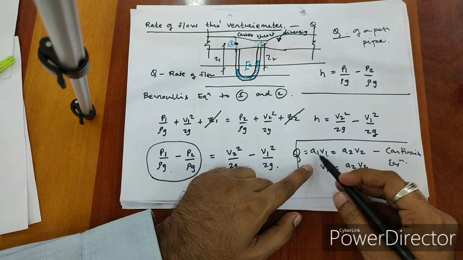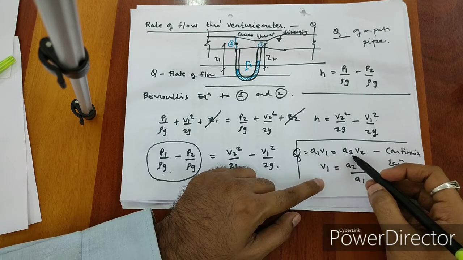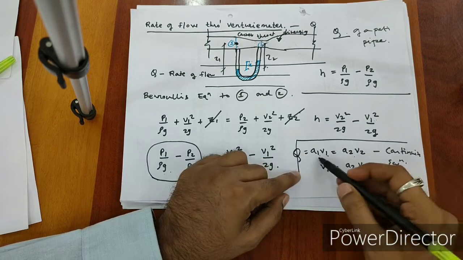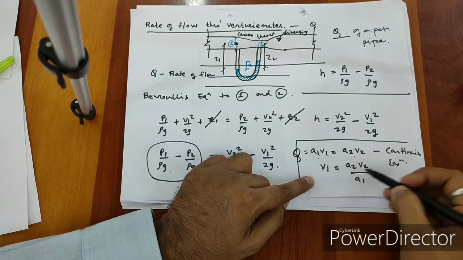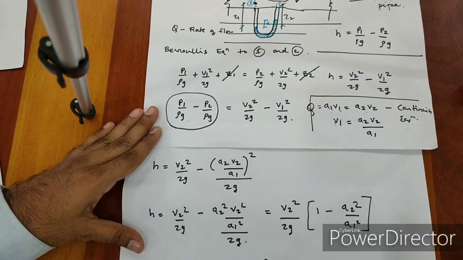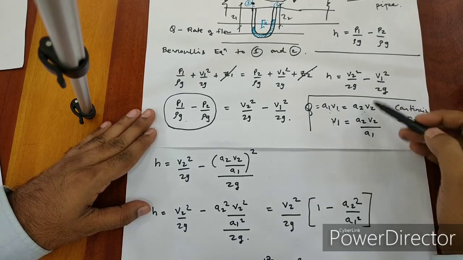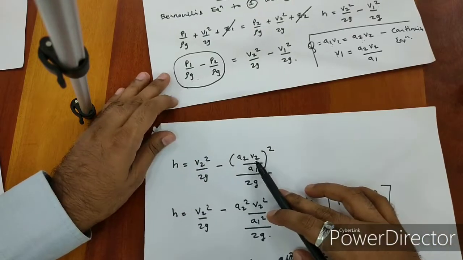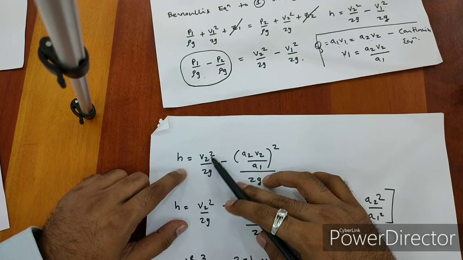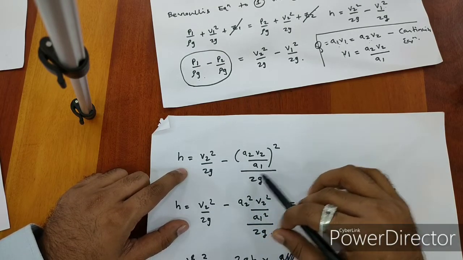Discharge at section 1, A1 V1, equals discharge at section 2, A2 V2. So you can equate these two terms and get V1 in terms of V2. We substitute the value of V1 in terms of V2: H equal to V2 square by 2g minus V1 in terms of V2 divided by 2g.